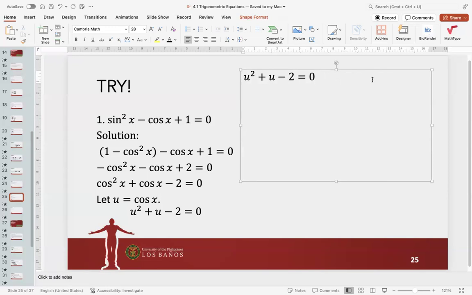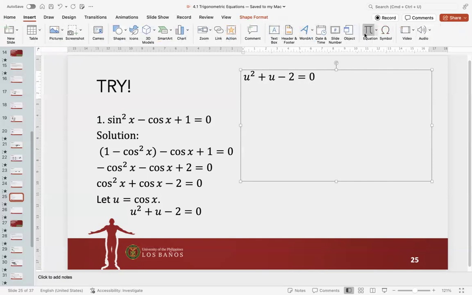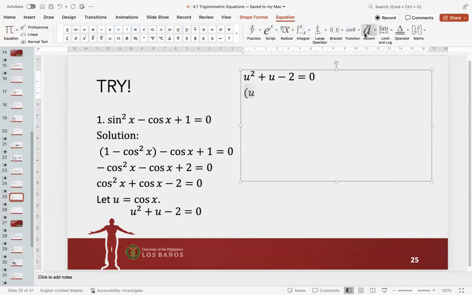Is this factorable? I think it is. So this is just u plus 2 and u minus 1 equals 0. Is that correct?